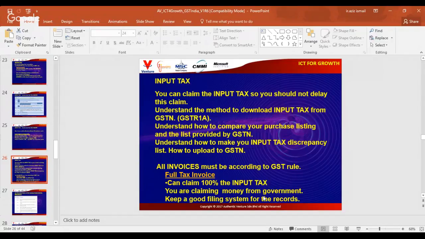After that, you can compare your purchase listing with the list provided by GSTN. After that, you are going to upload the discrepancy list to the GSTN so that the GSTN database will get all your purchases inside their list.